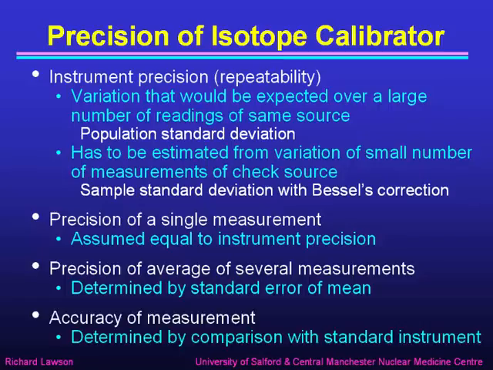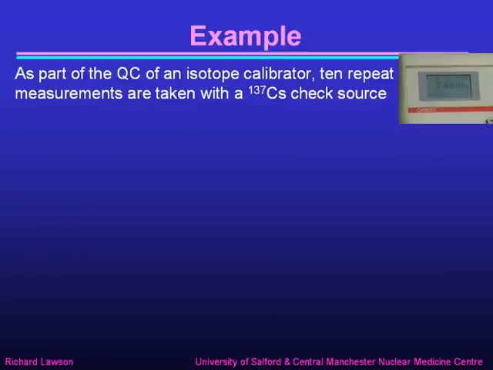But of course the accuracy of the measurement can only be determined by comparison with the standard instrument. But all of these things are important to the use of the isotope calibrator. So we're going to look at some data obtained as part of the QC program of an isotope calibrator, where we've got 10 repeat measurements with a cesium-137 check source.